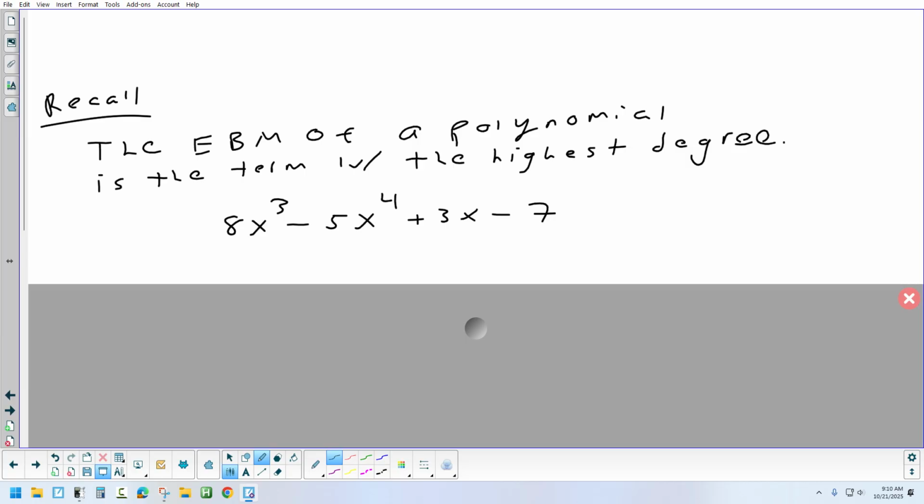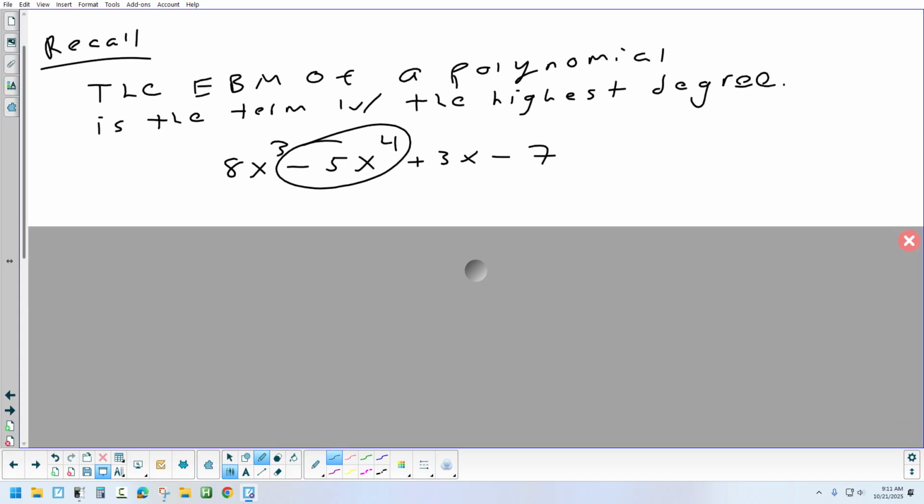Your choices are 8x cubed, negative 5x to the fourth, 3x, or negative 7. Which one? Yes, negative 5x to the fourth power. That entire term is what's going to control what it looks like, right? So that's with just a single polynomial.